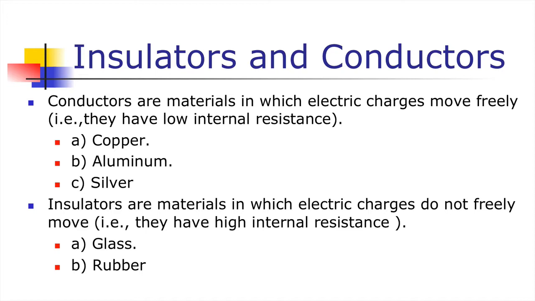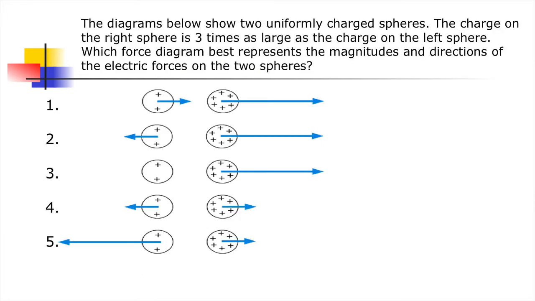Most of the time, conductors have at their outermost shell from 1 to 3 electrons that can easily be lost to other materials, and those outer shell electrons move freely around. Whereas insulators, most of the time, don't have those freely moving outer shell electrons. So we're going to define what those electrons and protons are in a bit.